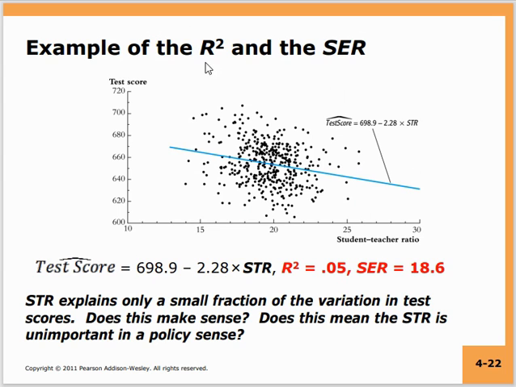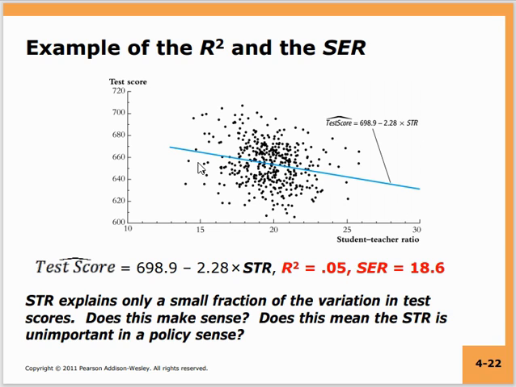So let's look at our example and see how R square and SER work out over there. In our particular case, we find after fitting the data, these are the scatter plots we have. If you remember, we estimated this regression line, which was test score hat is 698.9 minus 2.28 into STR. The R square in this case is very low. As you can see, the R square is only 0.05.